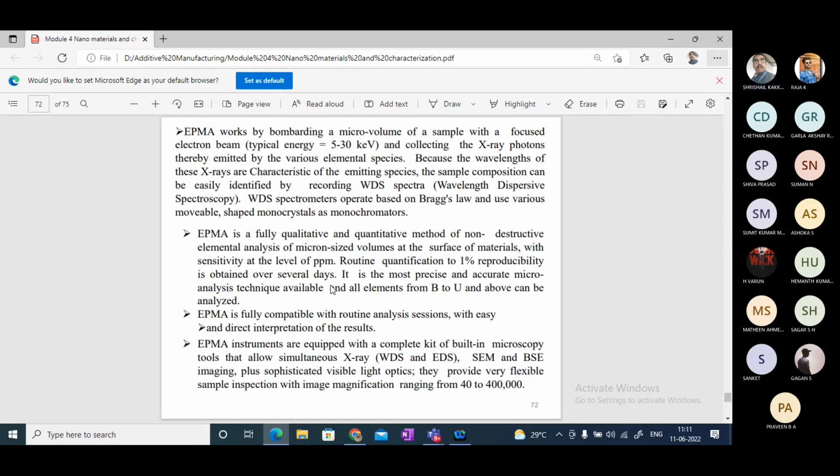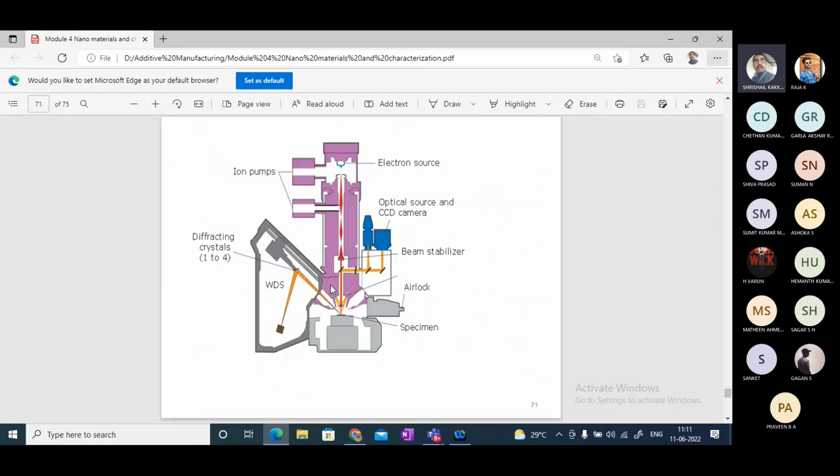Another important thing here is the X-rays. The electrons emitted from the source bombard the anode, and due to the collision, X-rays will be generated.